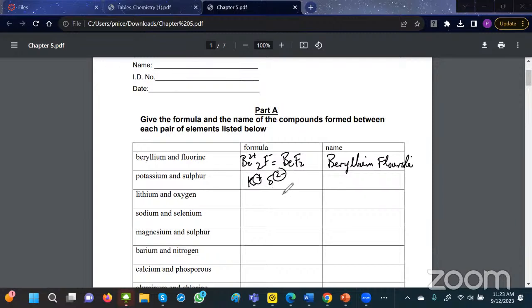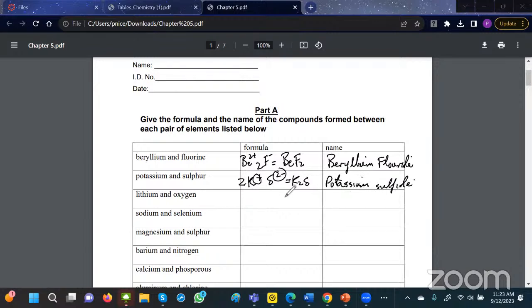How do we get the charges canceling out? Multiply the potassium by 2, all right? So when we put this together, what would be the final answer? K2S. And the name would be potassium sulfide, all right? Okay, very good.